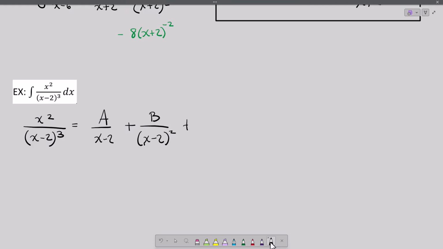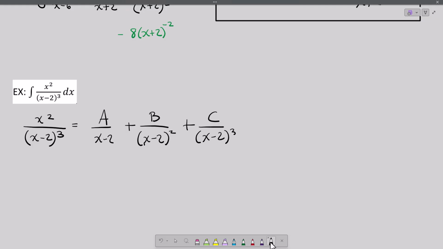We add a 3rd one. That's the 3rd power. So if we're thinking about going from the right side to the left side, this one we would be multiplying a quadratic over a quadratic. This one we would multiply by a linear over linear. This one we are already at 3, so we don't have to multiply it by anything.